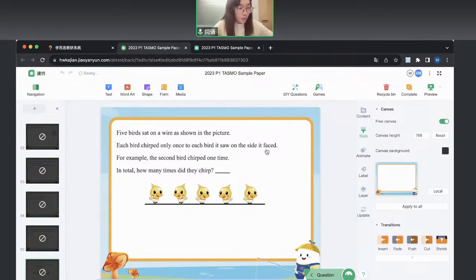Okay, so what is the meaning here? 也就是比如说像第一只鸟 the first bird, it can only chirp to the other four birds because all of them are on the right side of the first one, right? 因为其他4只小鸟都是在它的右边，所以它可以跟这4只鸟打招呼。但是像第2只小鸟，for the second bird，它是朝左边的。那左边有几只小鸟呢？只有1只小鸟，所以它只能去招呼它左边的这个小伙伴。那同样的，比如说像第3只小鸟，它是朝右边的。那有多少只小鸟在它的右边呢？There are 2 birds, so it can chirp to those 2 birds, right?